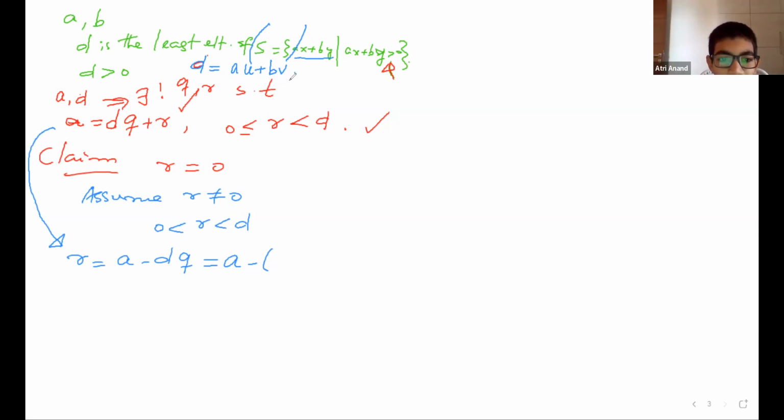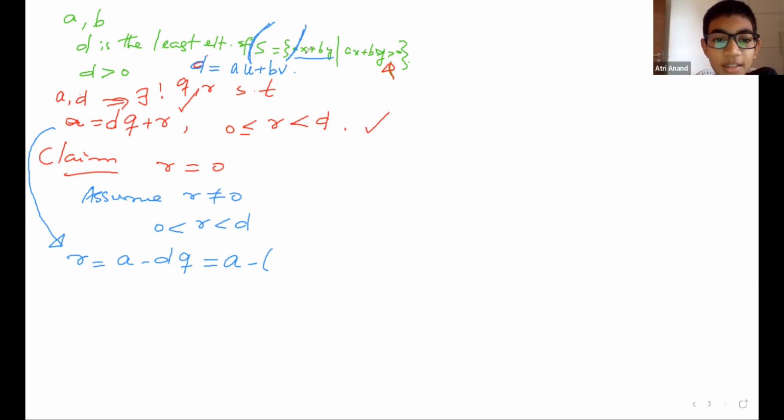But what if we get confused with the variables? Well, this is actually a value. You see, x is a variable, y is a variable, u is a particular value of x, v is a particular value of y. Remember, this is the least element of S.